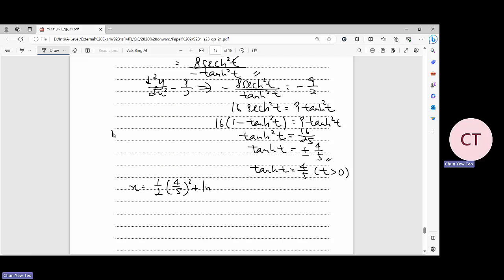With the relationship again, which we are going to use quite frequently, sec square t is 1 plus tan square t, right? So your sec t will be the square root of 1 plus 16 over 25, so it will be 3 over 5. So this is 16 over 25 plus ln 3 over 5.